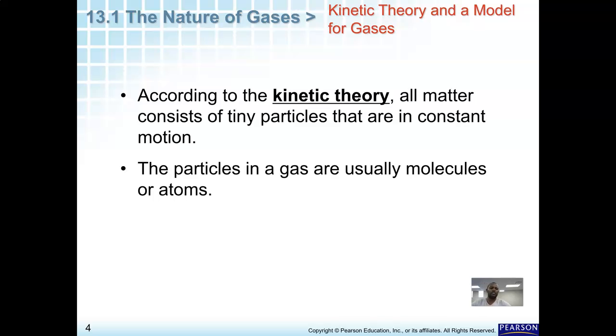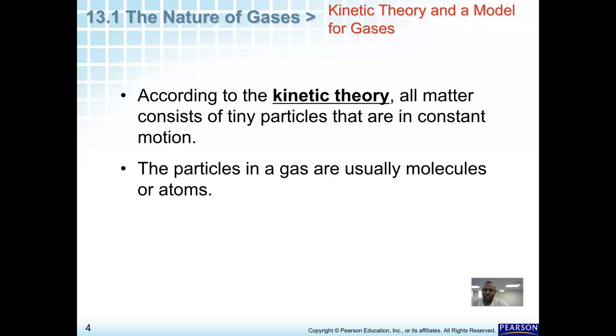The particles in gases, as you know from what we discussed so far, could be an atom or a molecule. For example, the atomic gases are helium, neon, argon, krypton, xenon, and radon, which are group 8 elements of the periodic table; they are all atoms and they are all gases.